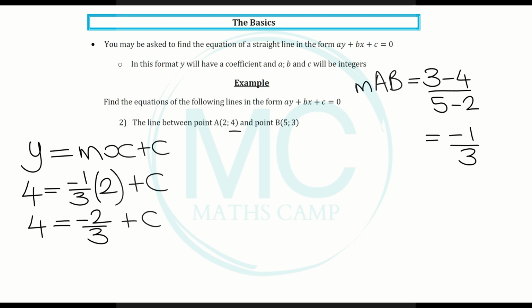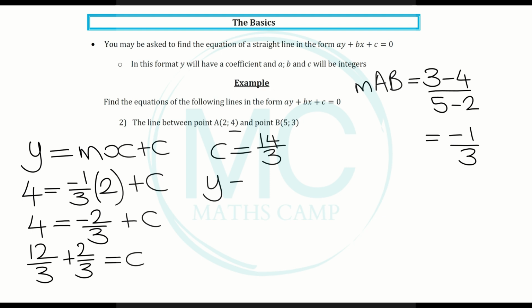4 can be written as 12 over 3. So I'm going to say 12 over 3. Let's move my fraction. So I say plus 2 over 3 is equal to c, which means that c is equal to 14 over 3. Now I can write my equation. y is equal to negative 1 over 3x plus 14 over 3.